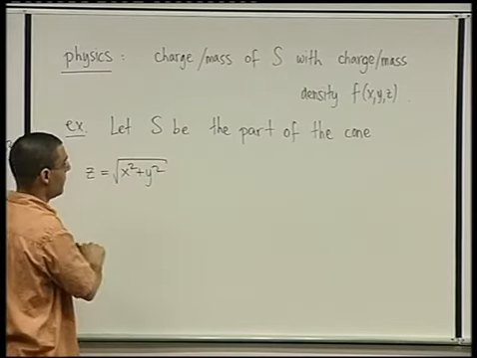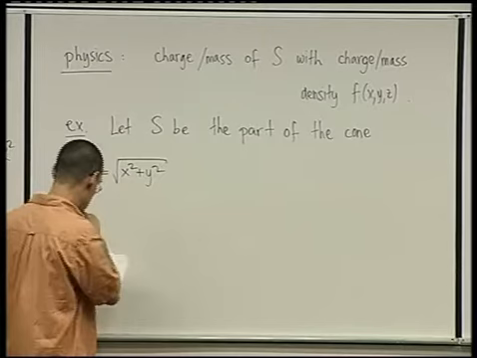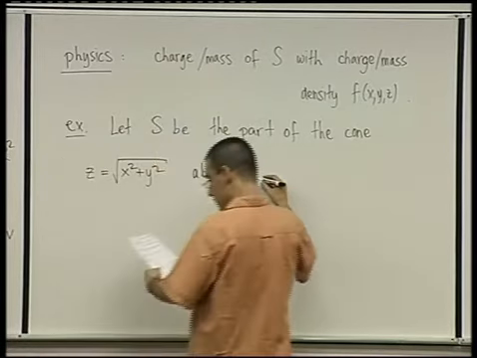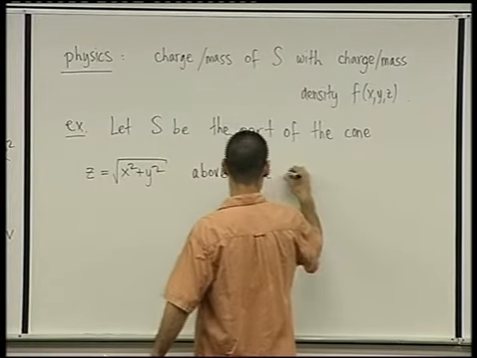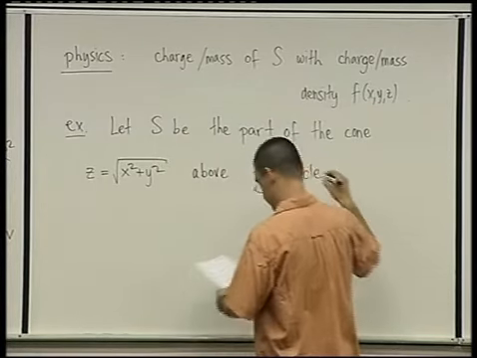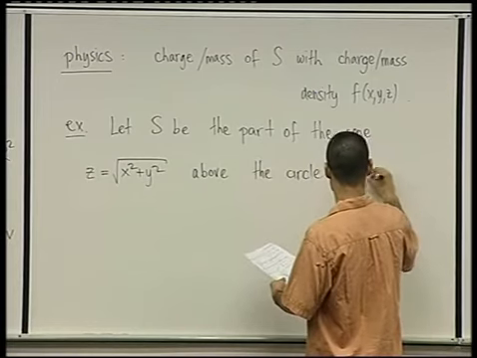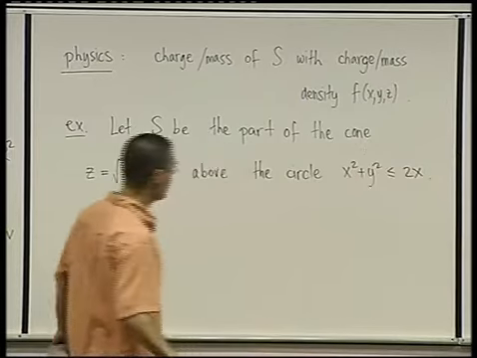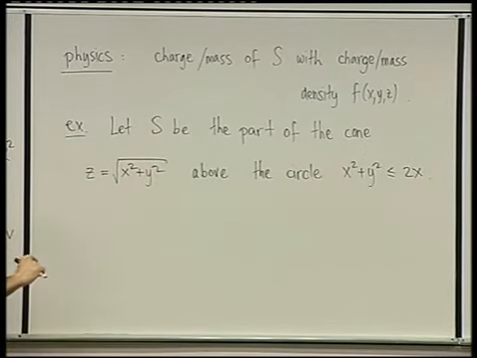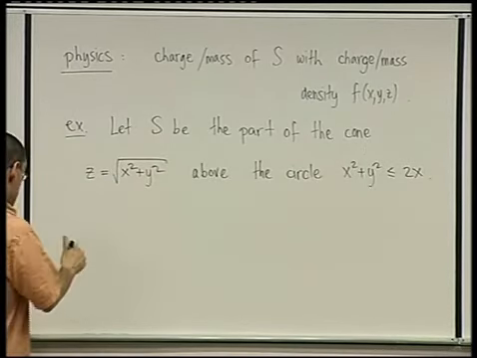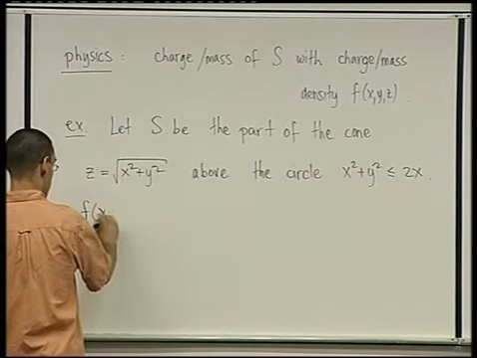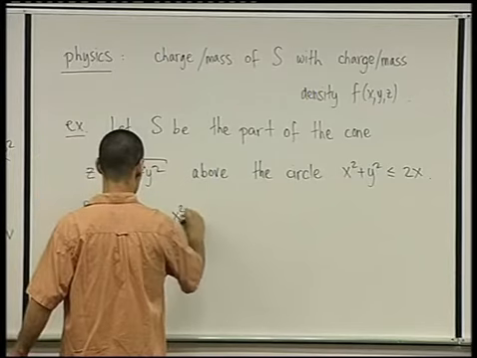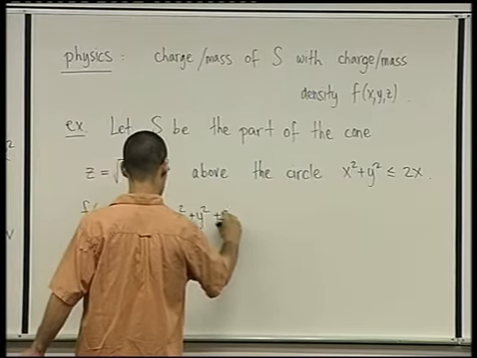But I don't want all of it. S is going to be only the part of the cone that lives above the circle x squared plus y squared is less than or equal to 2x. We'll try to draw this in a second. And the function f of x, y, z is going to be x squared plus y squared plus z squared.